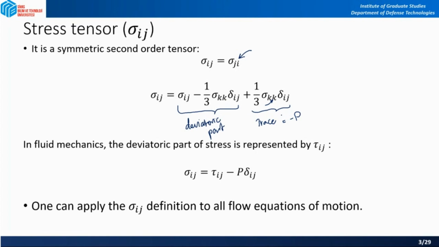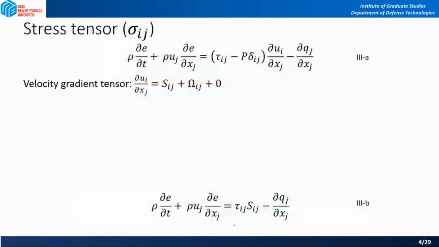Generally, in fluid mechanics, we represent the deviatoric part of the stress tensor sigma ij by tau ij. So we can write the above equation in this form: sigma ij is tau ij minus p delta ij. Now we can apply this sigma ij into all the flow equations of motion.